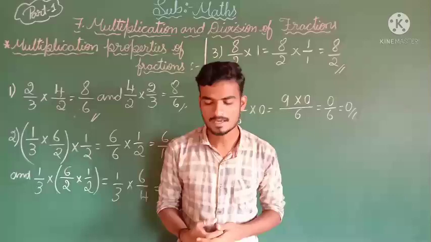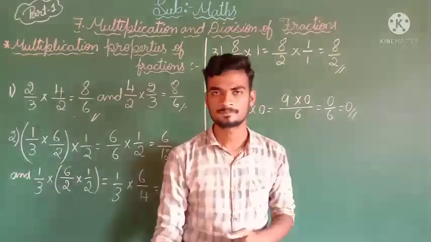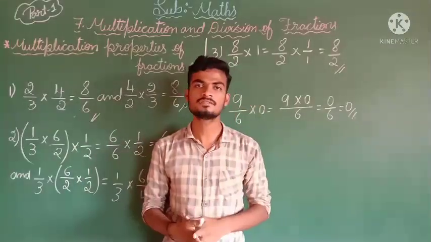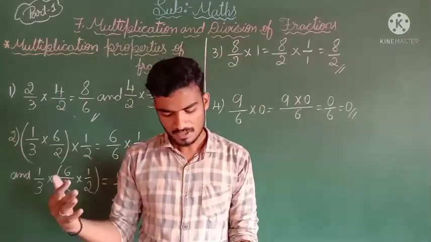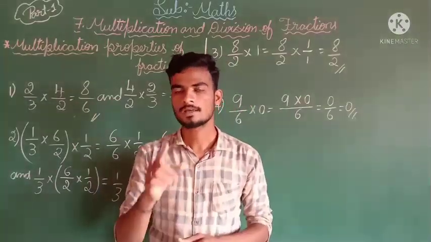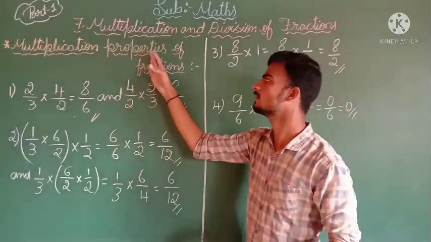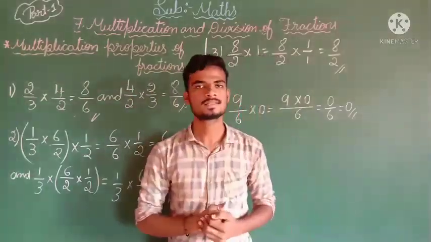Then multiplication of a mixed fraction with a whole number. Then multiplication of a mixed fraction with a fraction. Later we discussed how to use 'of'. Then at last we discussed multiplication properties of fractions. This is all about today's class.